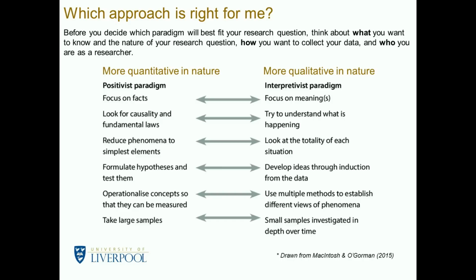And again, please do talk to your advisor about this, because it could be that mixed methods is applicable to your research. But again, even a mixed methods approach, we need to make sure that we fully understand the paradigmatics construct of those approaches. So before you decide which paradigm will best fit your research question, think about what you want to know and the nature of your research question.